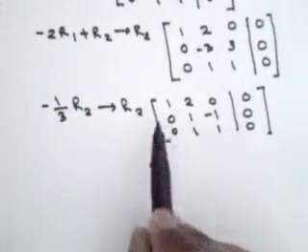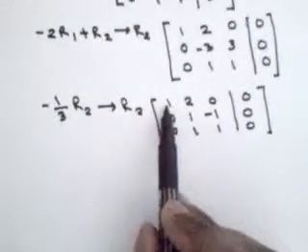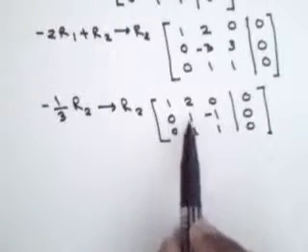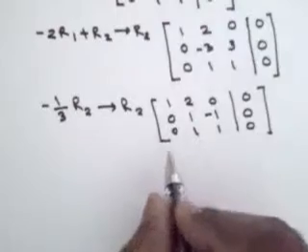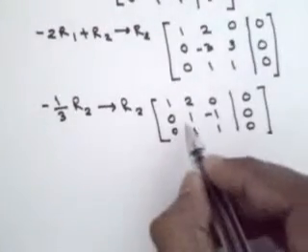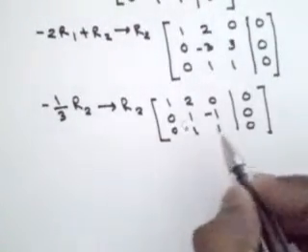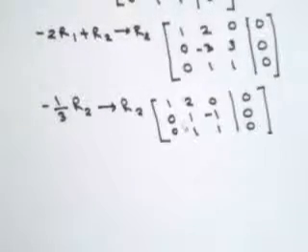So now we have got two leading ones. The first one is here, the second one is here. Now we have to make the element below this leading one 0. So how can we do that?